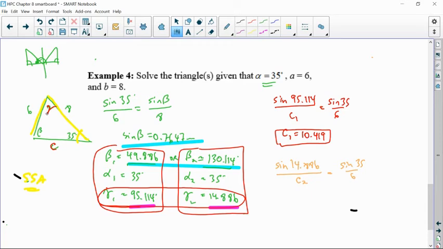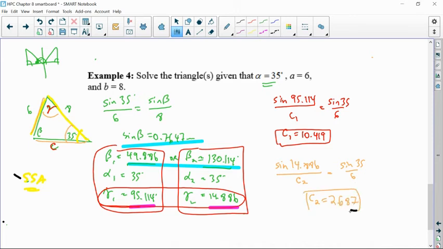Again, we're trying to find the sine of an angle over its opposite side equals the sine of an angle over its opposite side, that ratio. So then I cross multiply, 6 times sine of 14.886, and then divide by sine of 35. So now I'm getting C2 to be equal to 2.687.